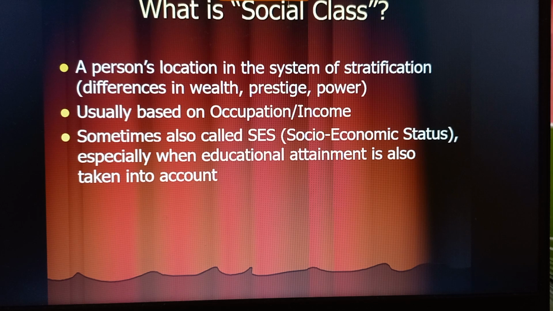So social class is usually determined or measured based on the occupation of the person and the income they earn per month or per year. As mentioned earlier, social class is sometimes also called SES, or socio-economic status, and this is especially true when educational attainment is also taken into account. That is how much the person has achieved in terms of educational credentials, right?